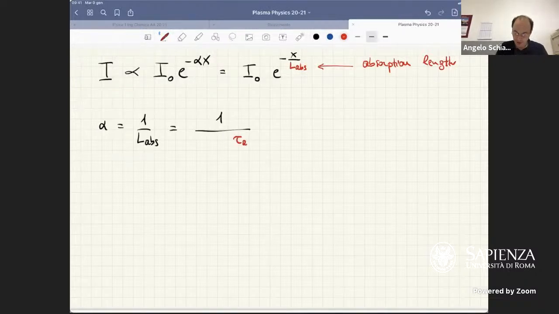We have here the absorption time, the characteristic time for absorption of the wave. And in order to get the length, we need a characteristic speed to see how far the wave has traveled during the characteristic time of absorption. So this is just the group velocity.